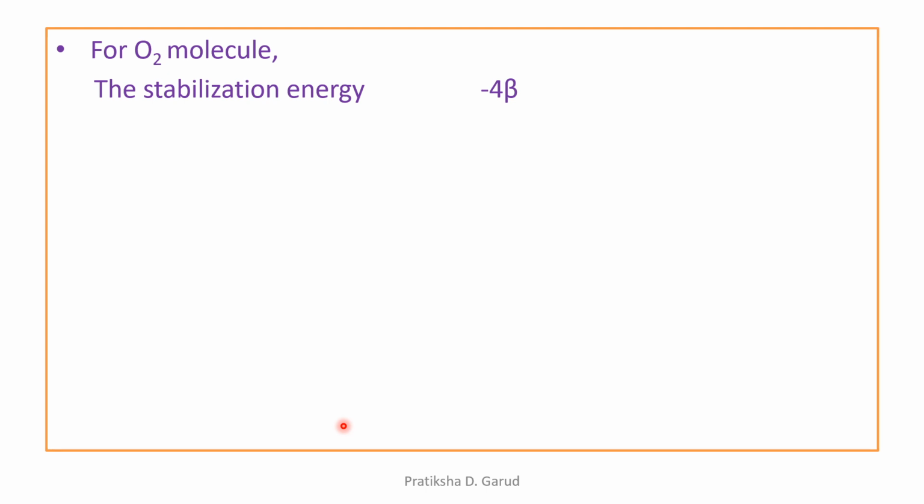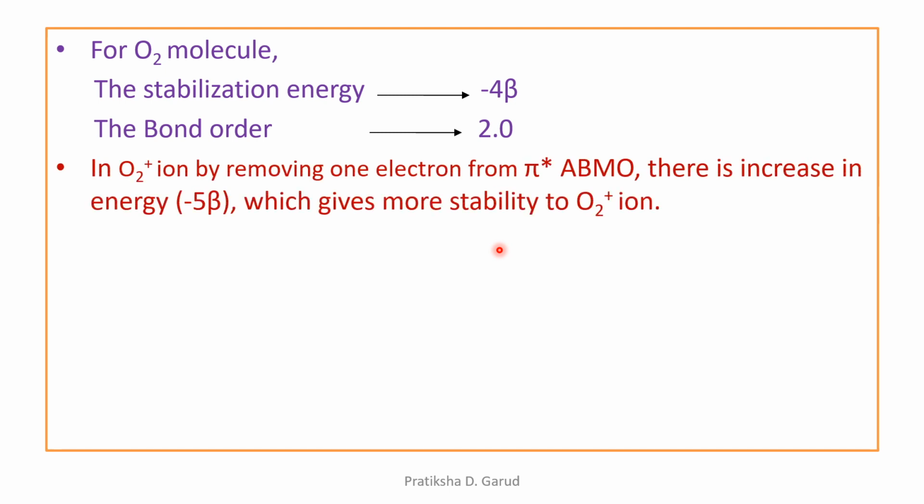So let's see that for the O2 molecule, the stabilization energy is minus 4 beta and the bond order is 2.0.